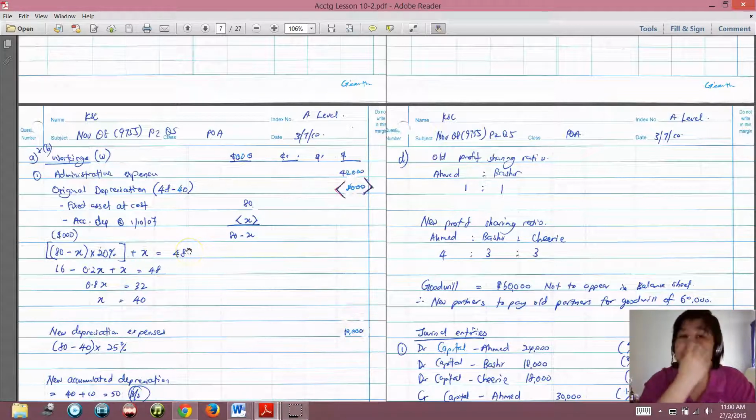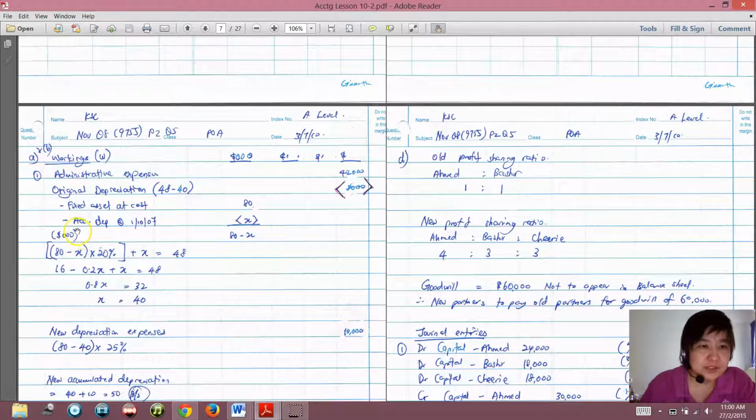So now I have gathered some idea already. We assume the accumulated depreciation at the beginning of the year is X. The reducing balance method calculates depreciation based on the net book value at the beginning of the year.